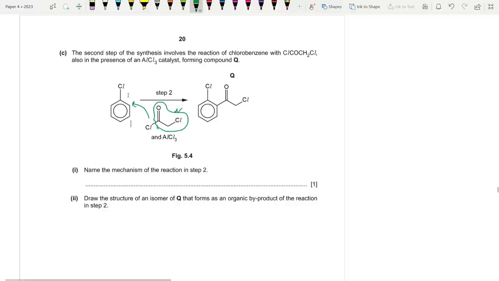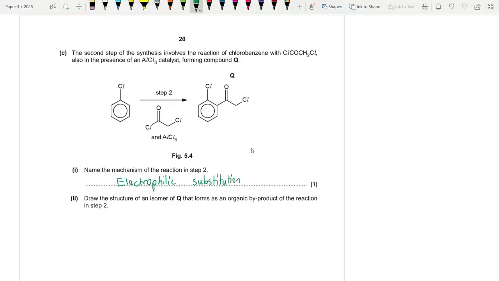Halogens are ortho-para directing, or they direct towards the 2,4,6 carbon atoms. As a result, this is totally okay. Name the mechanism. Fine. The type of reaction is Friedel-Crafts acylation, but the mechanism is electrophilic substitution.